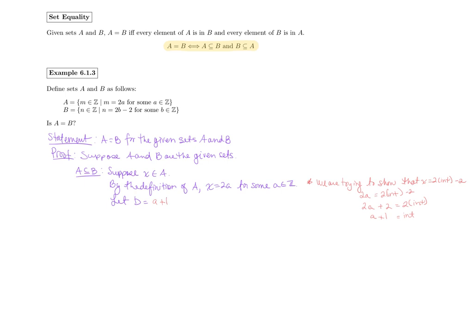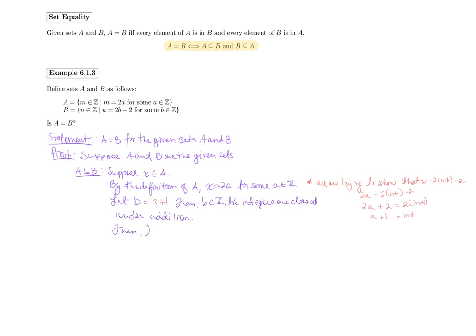Let's see what that means in terms of our sets. We know b is an integer because integers are closed under addition. So we know that b is still an integer.